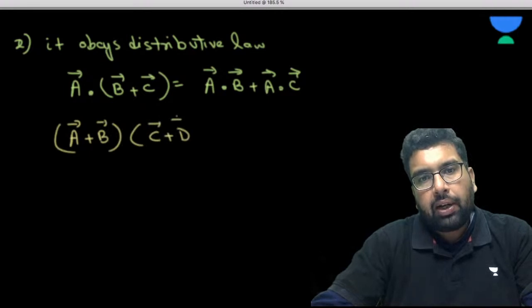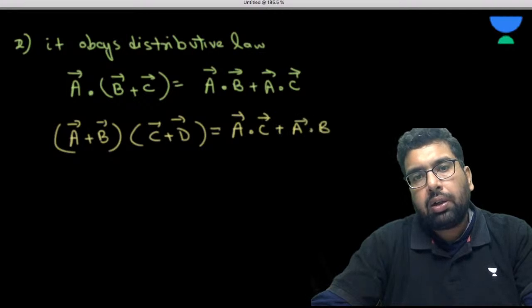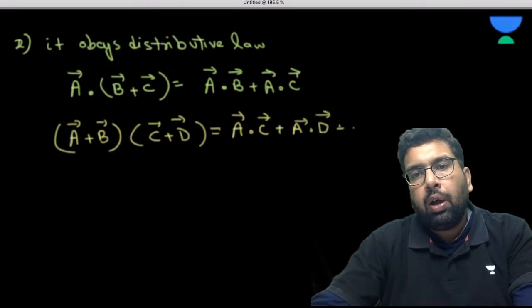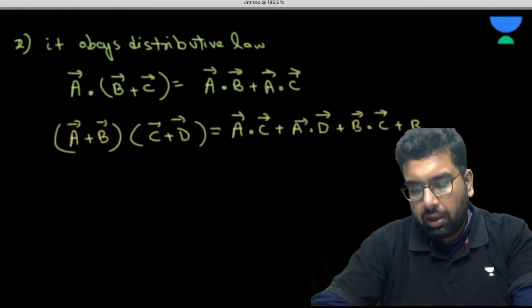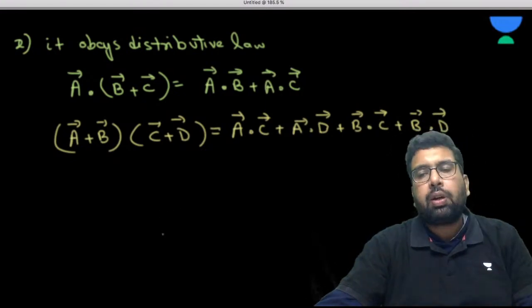You can write it as A dot C plus A dot D plus B dot C plus B dot D. So basically it obeys distributive law.